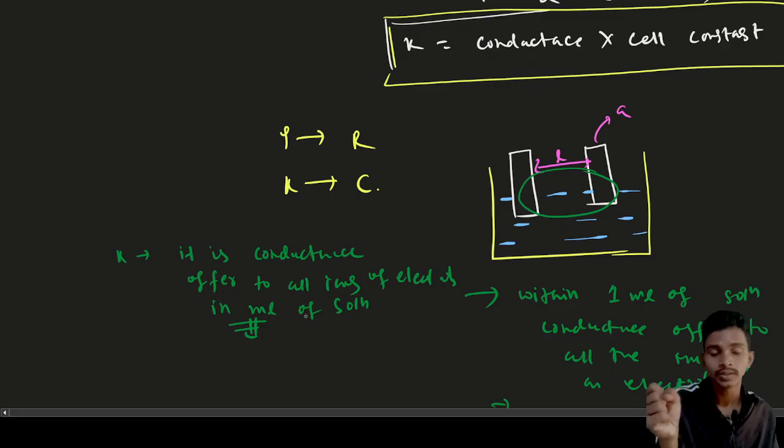If the concentration of ions is high, then the conductance will increase. So this conductance depends on the concentration of the ions.